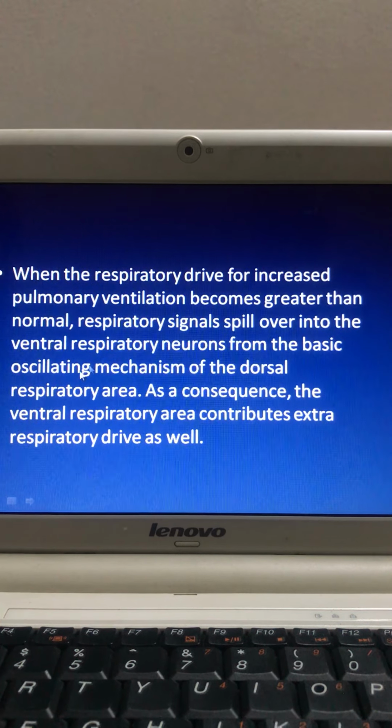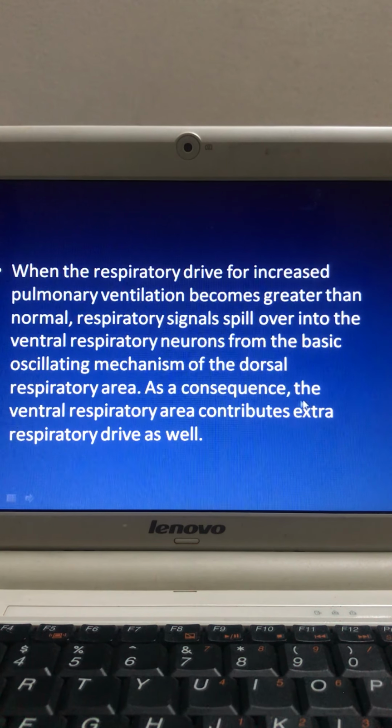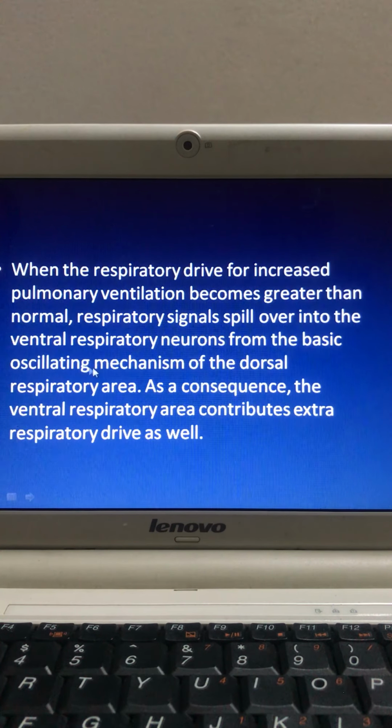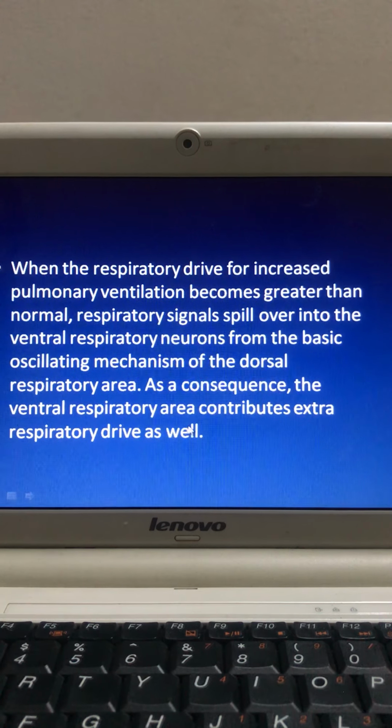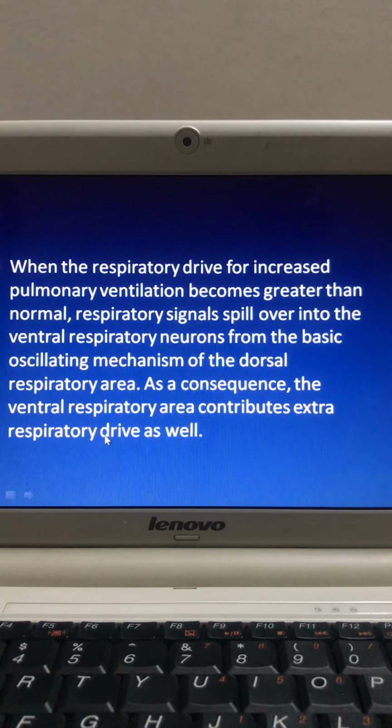When the respiratory drive for increased pulmonary ventilation becomes greater than normal, respiratory signals spill over into the ventral respiratory neurons from the basic oscillating mechanism of the dorsal respiratory area.